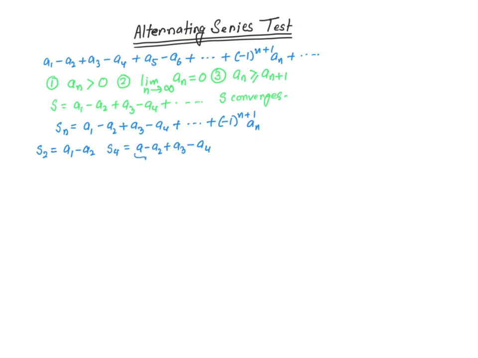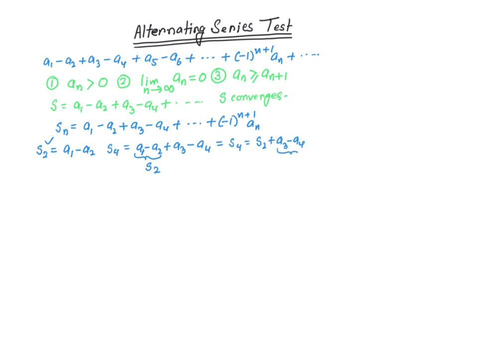Now a1 minus a2 is nothing but S2, right? We just found it here. So S4 is going to be equal to S2 plus a3 minus a4.